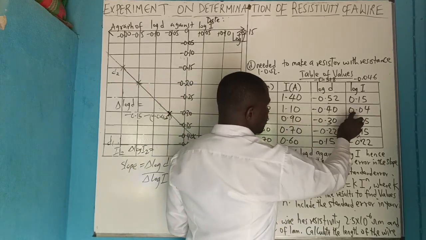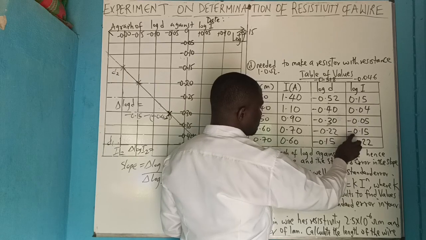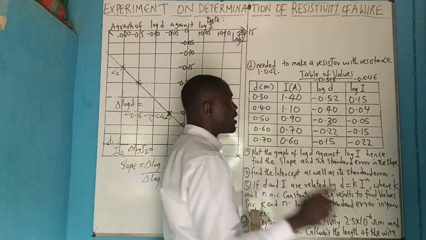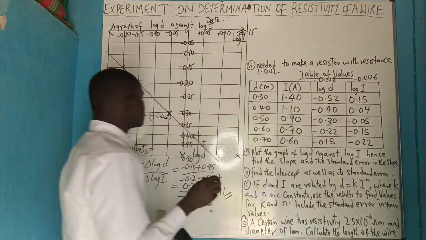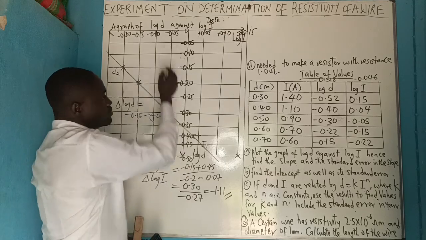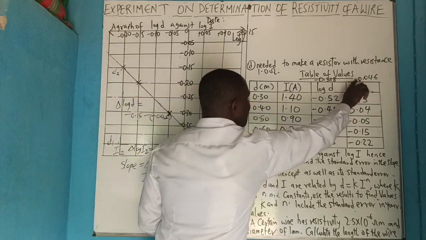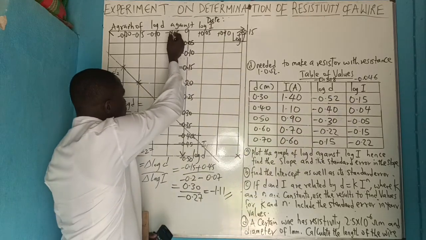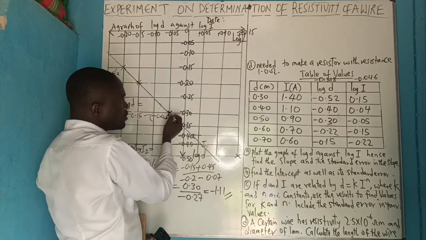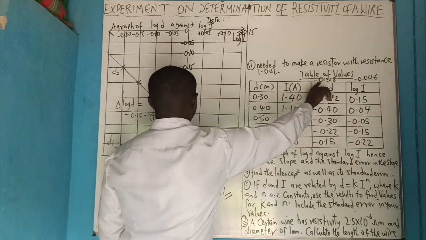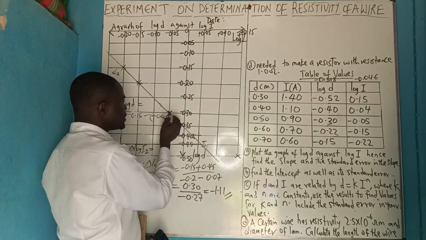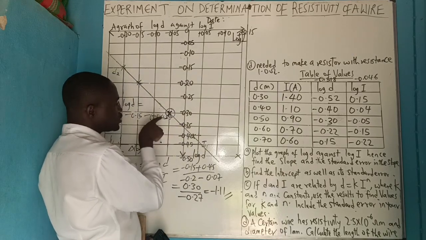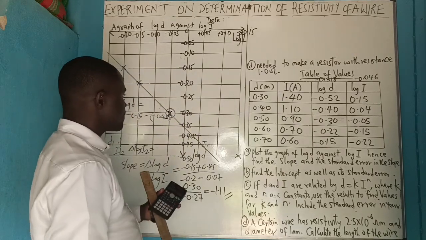Here, this plus this, then minus this, minus this, minus this, divided by 5, it will give you this. If I approximate this, you get minus 0.05. Then if I approximate this, minus 0.3, you get it here. That means here is where your centroid is.